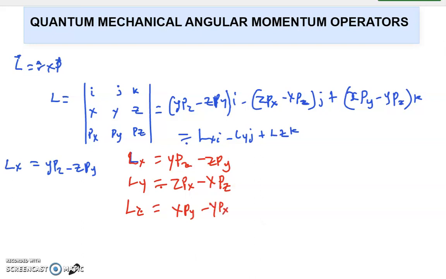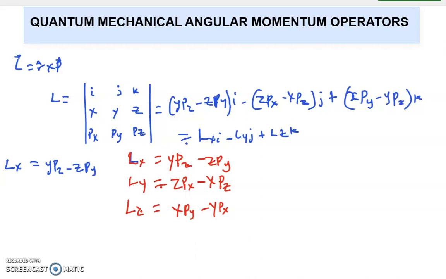So this is what we have. These are the components of angular momentum. It is a vector sum of all the components, so the sum of these component operators is another operator. Angular momentum is an operator itself.